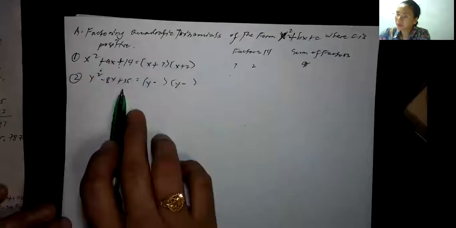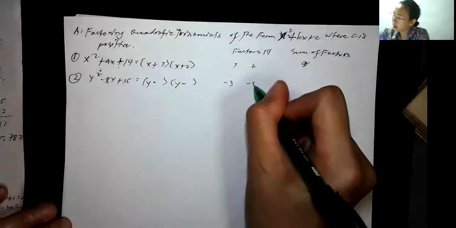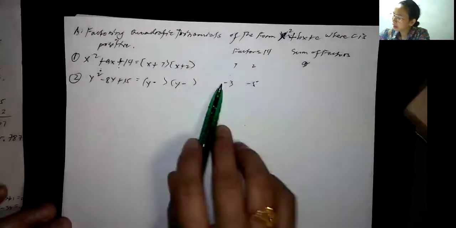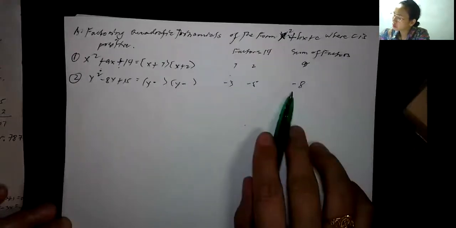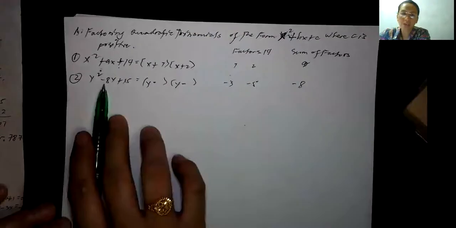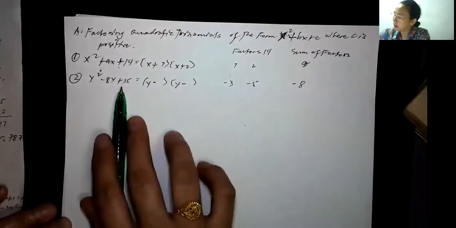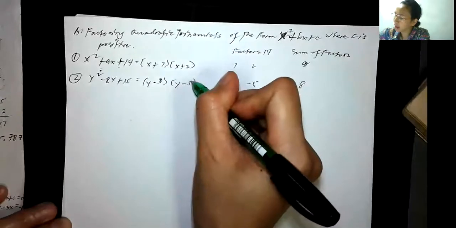So the factors of 15 are negative 3 and negative 5. So it gives us positive 15. When we add them, the answer is negative 8. Which is correct also for the middle term here. So negative 3 and negative 5 are possible factors of positive 15. So we write here negative 3 and negative 5.